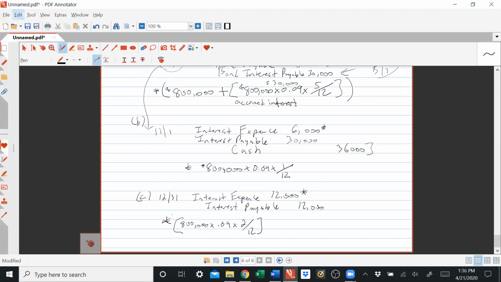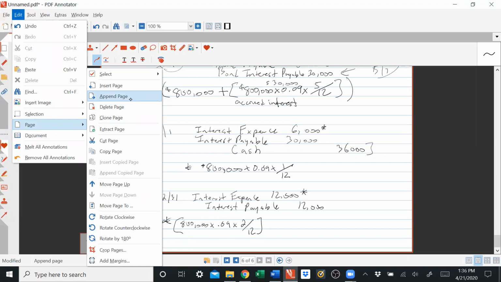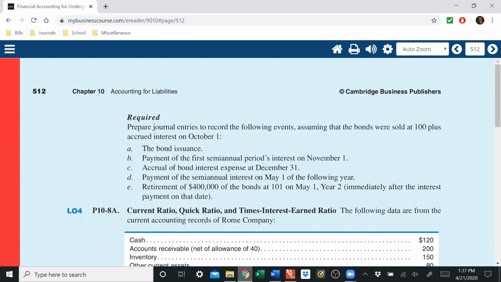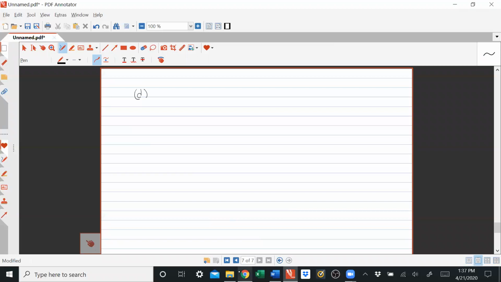And then finally, D. Well, we got 2 more. D, payment of the semi-annual interest on May 1st of the following year. May 1st, we're going to pay interest.